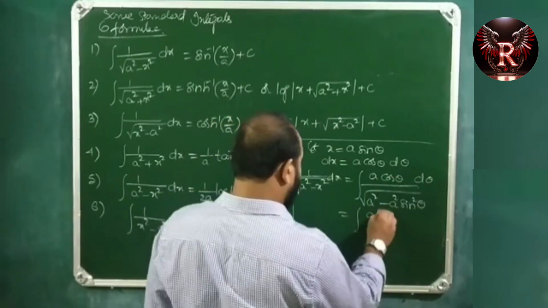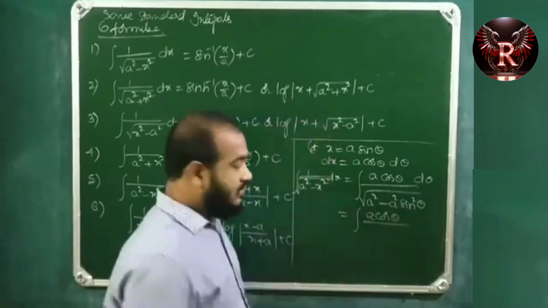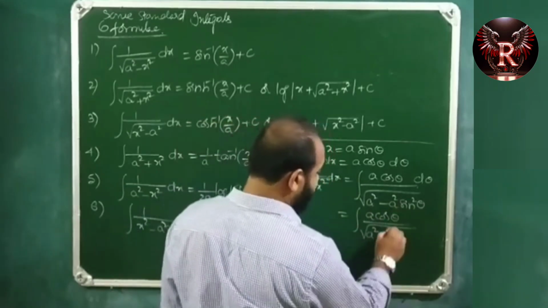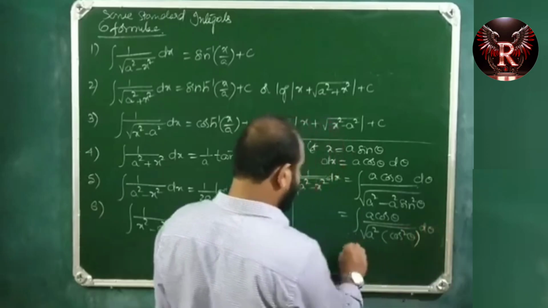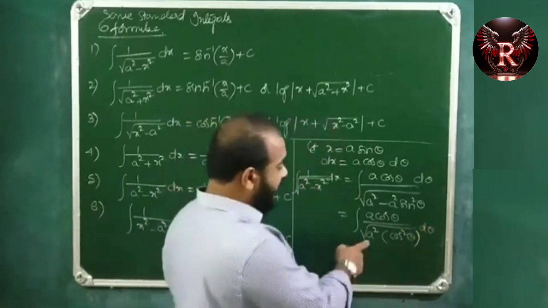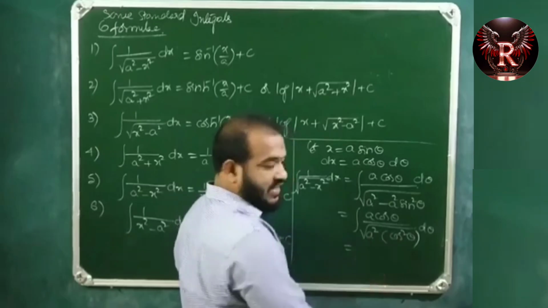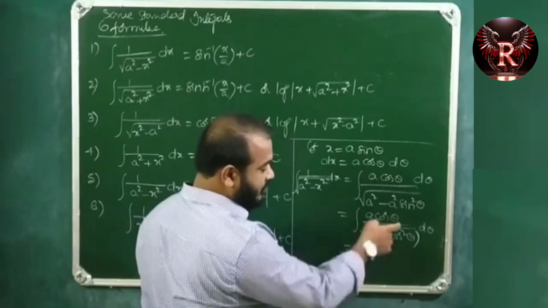So this is a cos theta by, take a square in common, then a square into 1 minus sin square theta is cos square theta d theta. So this is a cos theta by a cos theta whole square under root. The square root gets cancelled. We are left with a cos theta by a cos theta, so that gets cancelled.